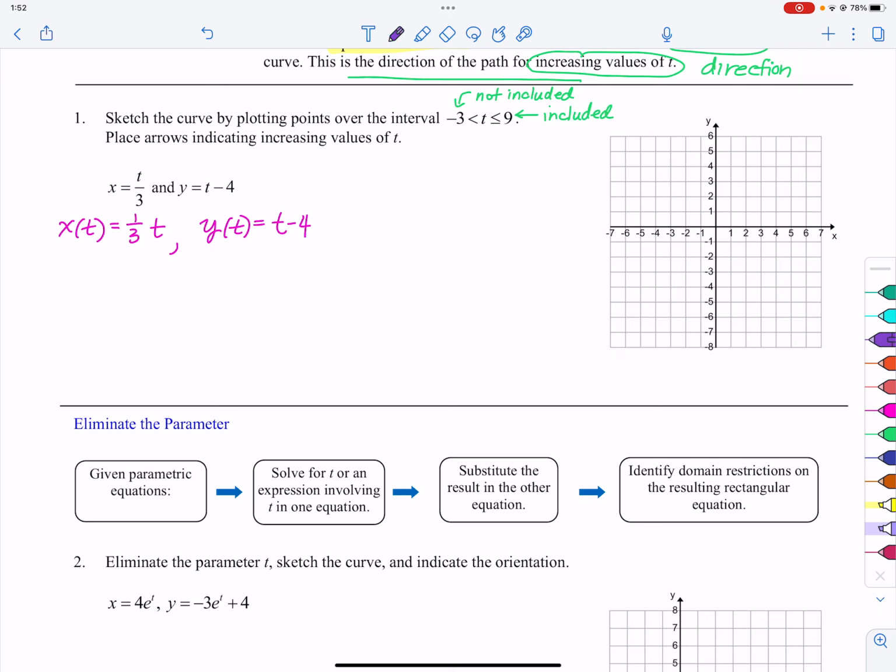Let's go ahead and make a table. We'll have t, and then increasing values of t on this interval, and we will then compute x and y with that t value. Let me make that table a little bit bigger.